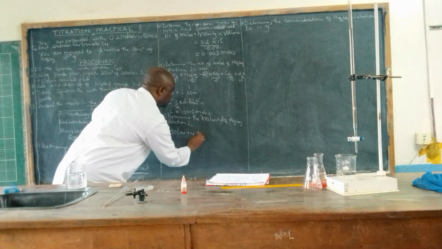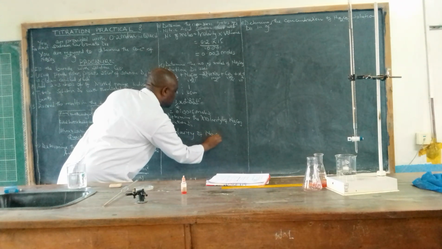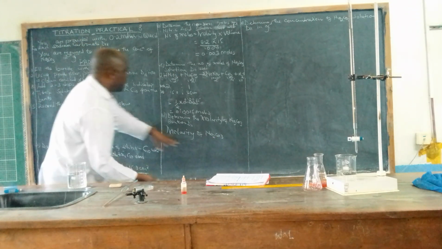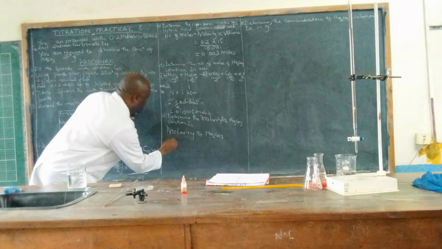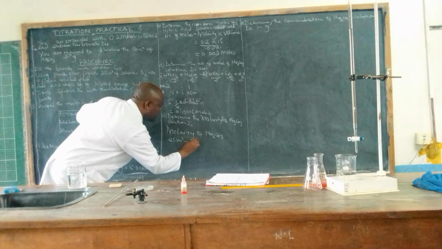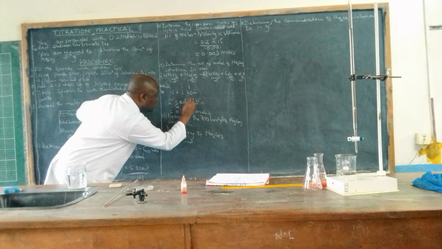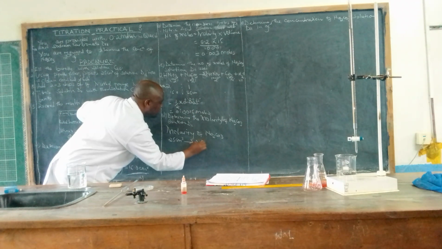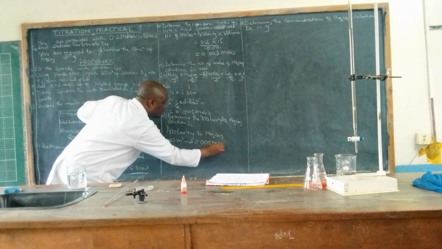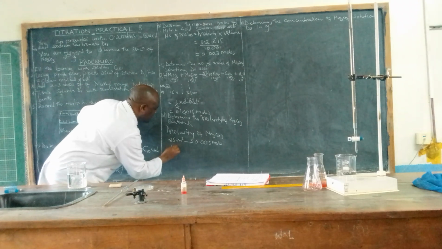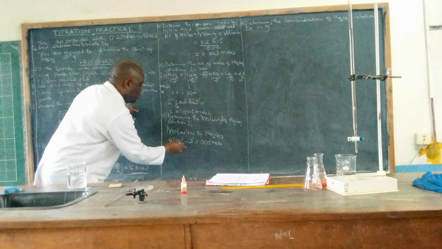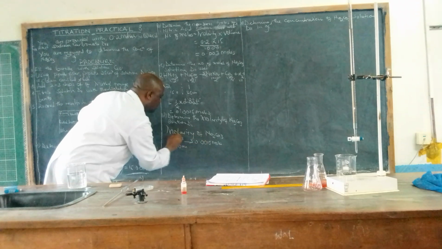So we are just supposed to ask ourselves, if 25 cubic centimeters gives us 0.0015 moles, what about in 1,000? So in this case, we are just going to cross multiply this times this over that.